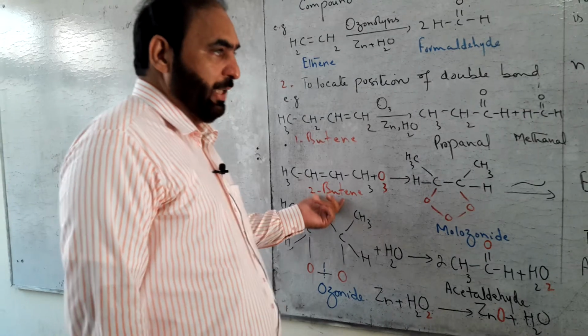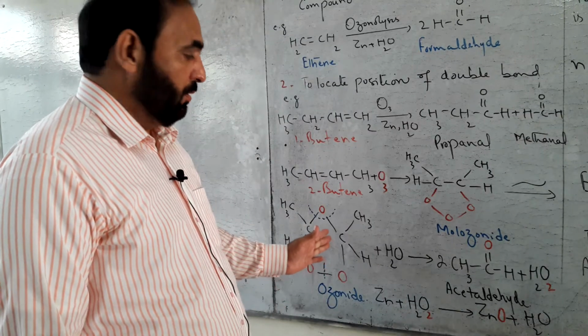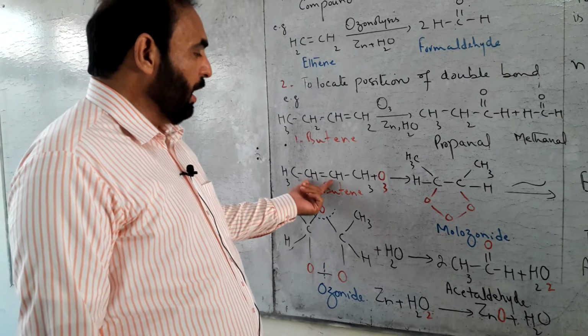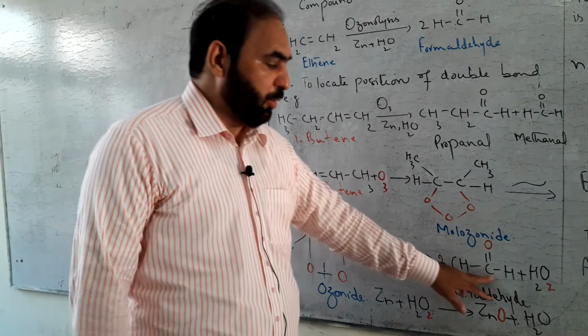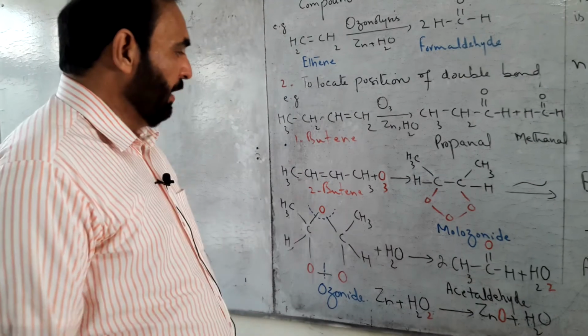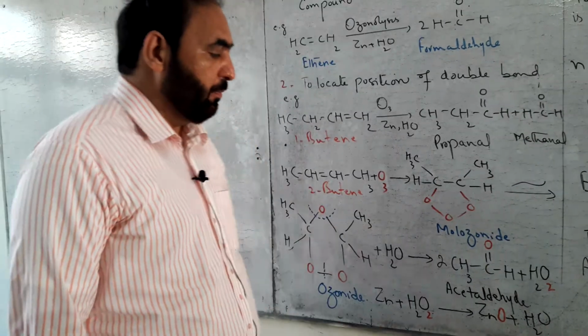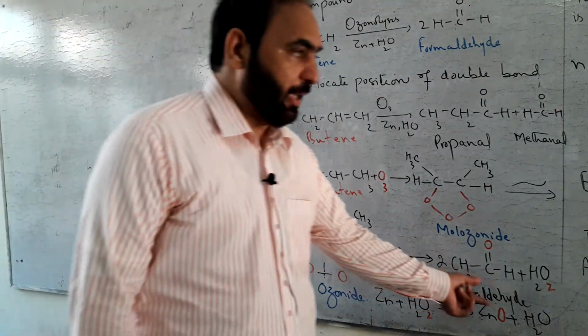Alkene molecule is cleaved from the middle. These two carbons which are making double bond, they are changed to carbonyl carbon in two separate molecules of acetaldehyde.